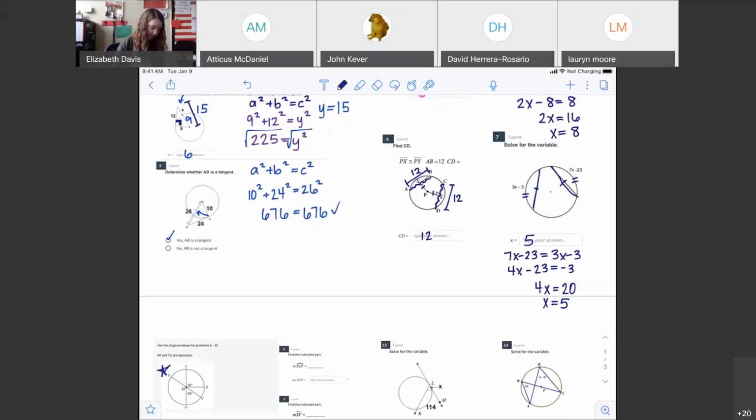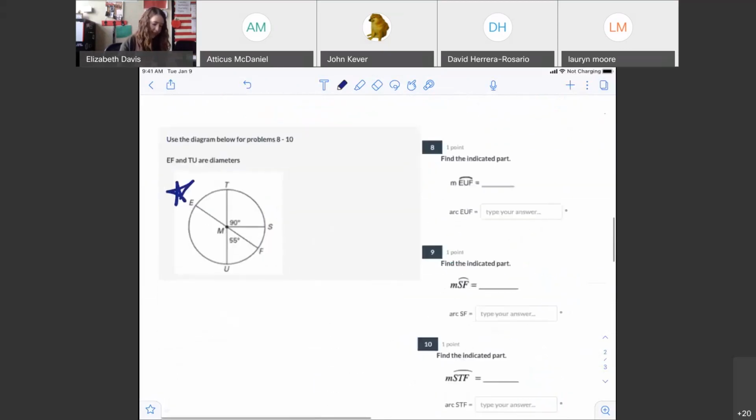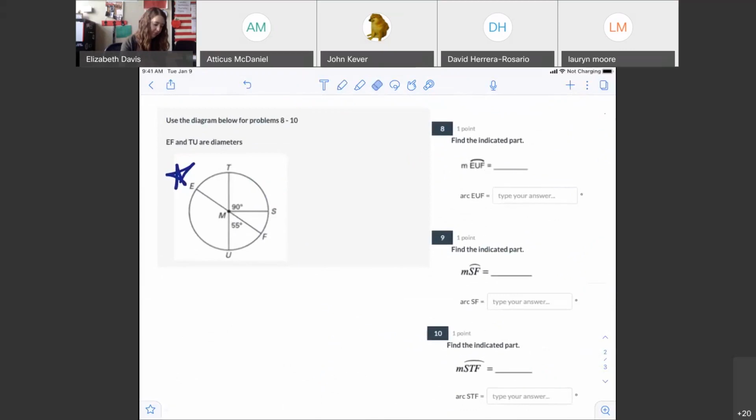Okay, good deal. So in this guy, it says that TU is a diameter. So that means that everything on this side of my circle is going to have to add up to 360. Or I'm sorry, 180. Half of a circle is 180.